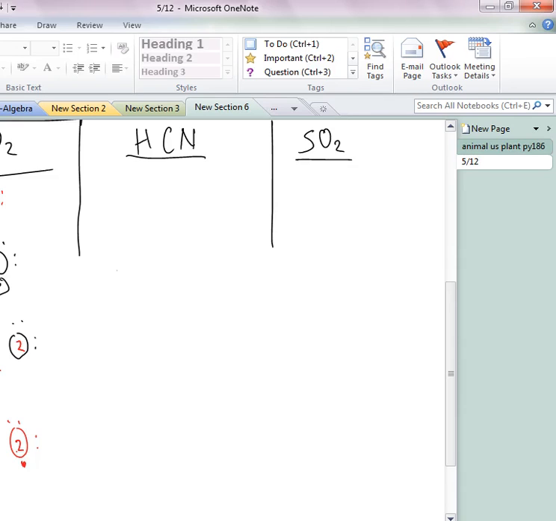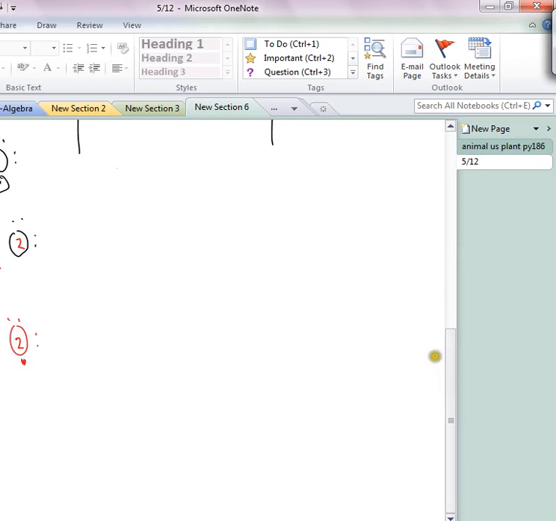Notice, NO has the following structure. Looks like you have the oxygen with its 2 electron pairs, has a double bonded nitrogen with an electron sitting on it, and then it has a single bond to an oxygen, which has electrons around it.